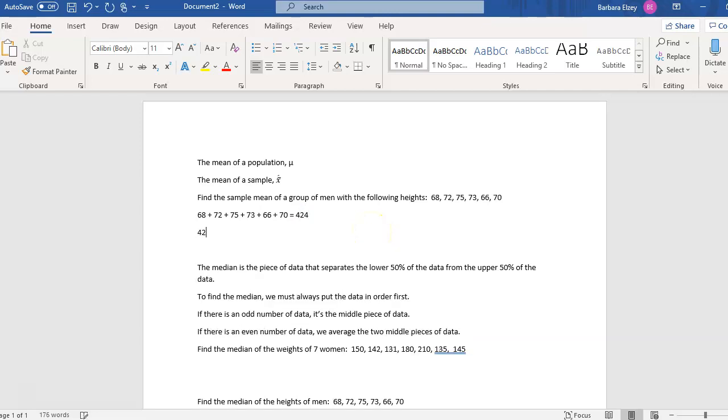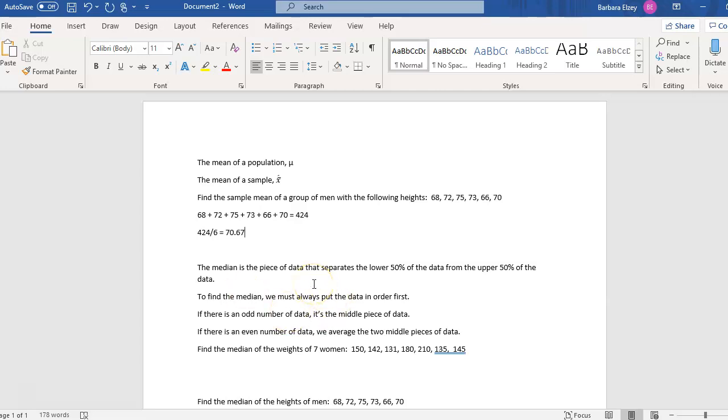And now I want to take my 424 and divide it by 6, since I have 6 pieces of data. That gives me 70.67 if I round it to 2 decimal places. Just be careful in your homework to make sure of what decimal place the homework asks you to round to.